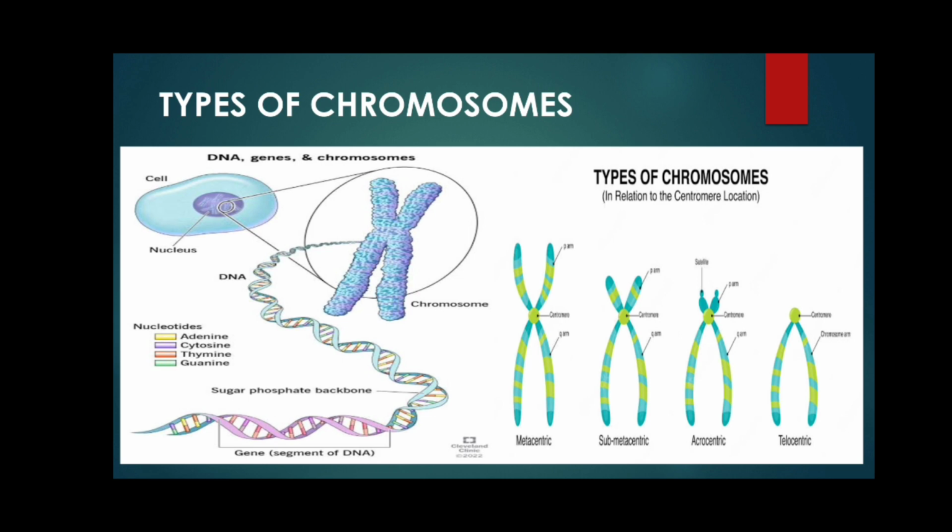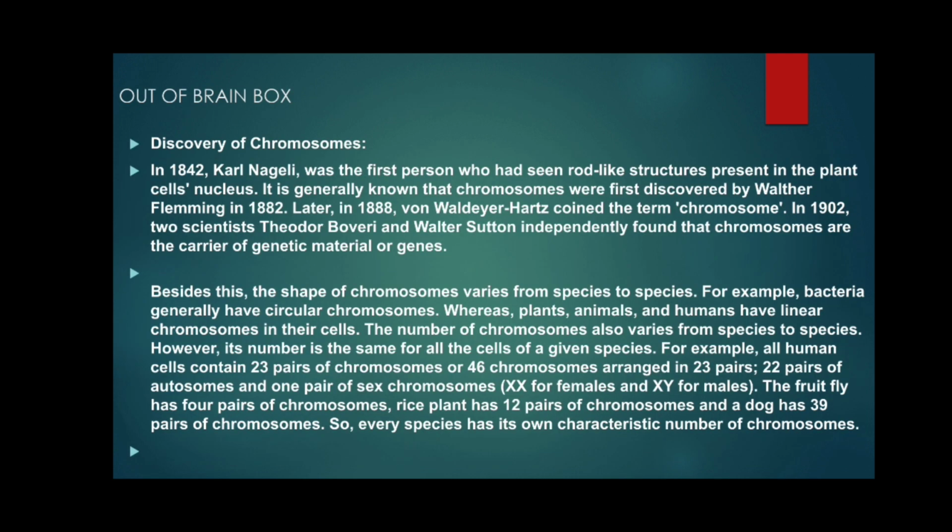And the next one is the types of chromosome. This one will be the last topic of this second part. In this section we will discuss different types of chromosomes. So the discovery of chromosome was in 1842.